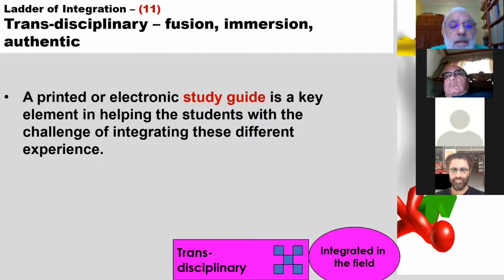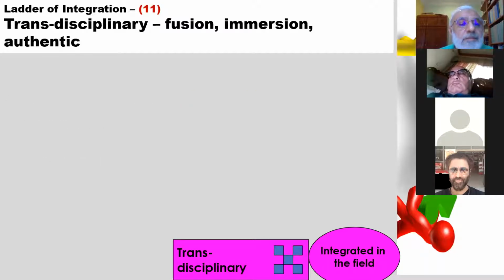A printed or electronic study guide is a key element in helping the students with the challenge of integrating these different experiences. It's not easy to implement, and of course we need a very comprehensive study guide to implement the whole 113 problems and the students following that in different disciplines.